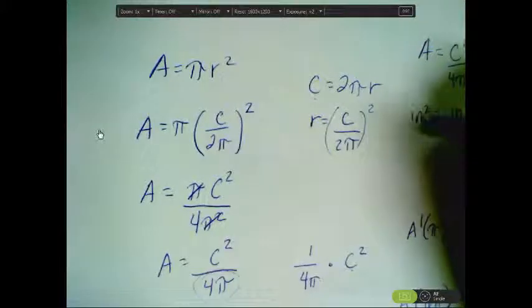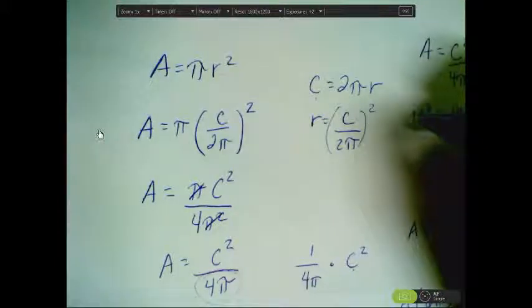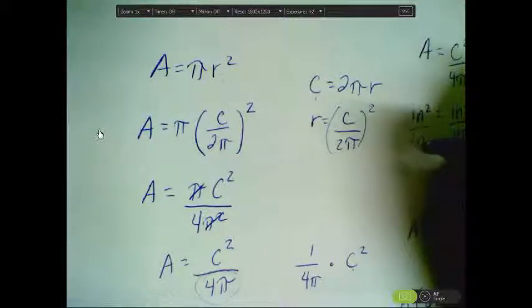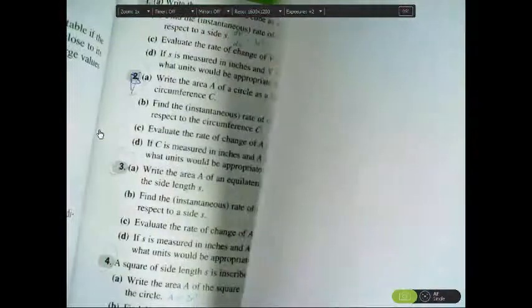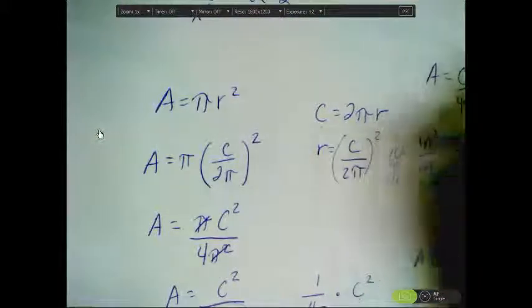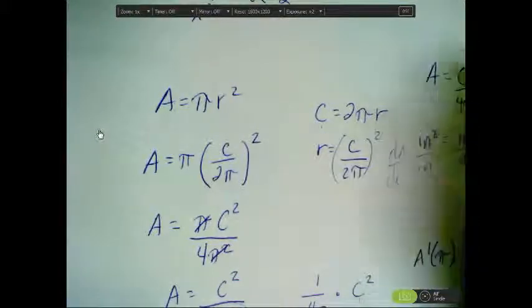When you take the derivative with respect to c, you're saying the change in A over the change in c, so you're really saying over inches. So dA/dc is inches squared per inch. Final answer. Okay, so that's that one.